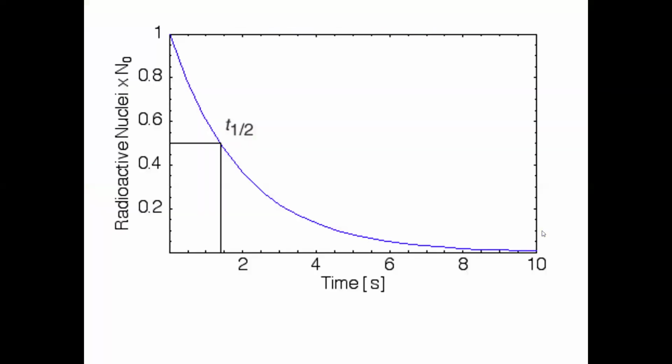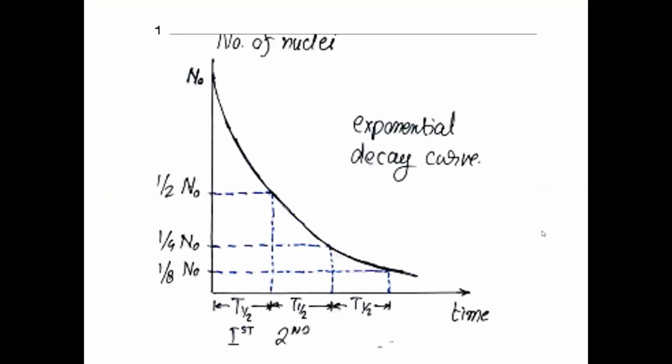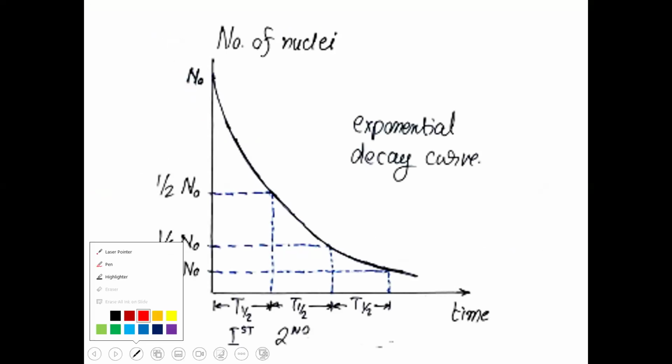Exponential decay curve. What is the exponential decay curve? This is the exponential decay curve. This is again support of ADMAS. Being an exponential curve, it will not touch the x-axis, and it's showing a gradual decrease. N naught is the first number, which is the total nuclei at the start.